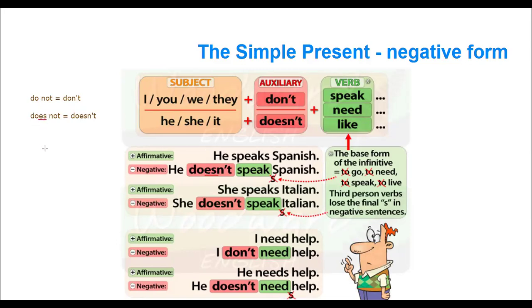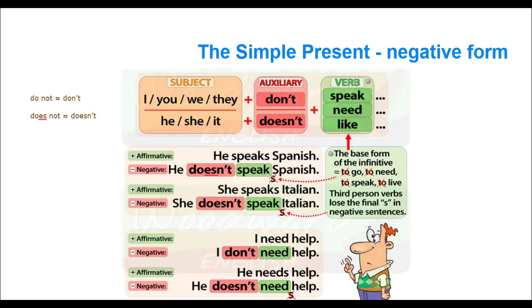So the rule for the third person singular is applied to the auxiliary, right? Because the auxiliary already has ES, it's not necessary to put it in the verb, right? So it's not that we're ignoring the rule. We are following it, but this time in the auxiliary verb, and we no longer worry about doing it in the verb.